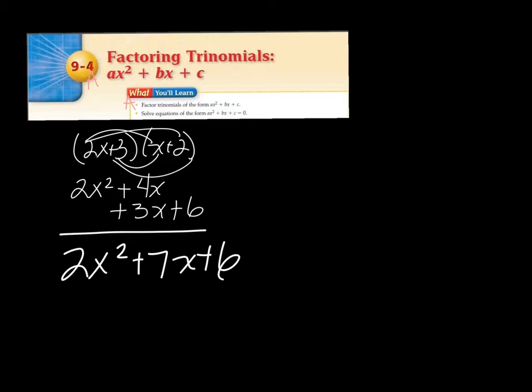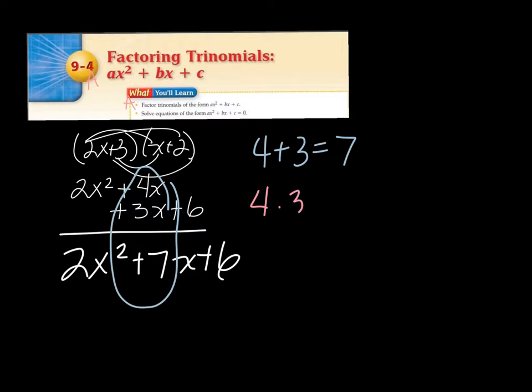It's easy to see that, of course, we have 4 plus 3 equals 7. 4 times 3 happens to be the same as 2 times 6.